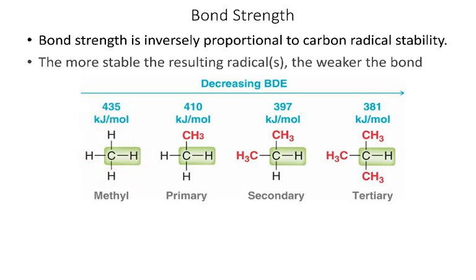If I break this CH bond, I'd be forming a primary radical, and so that bond strength is a little bit less. It's easier to pull that hydrogen off. And then, in this case, this CH bond is the weakest because it would create a tertiary radical, which would be more stable than the radicals we'd form from these other bond breakings.